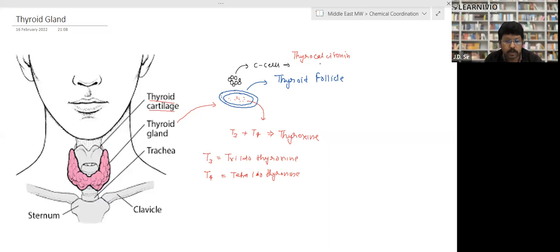Let me know when you note it down. This is very important. The thyroxine hormone, thyroid gland, and even parathyroid gland are important for your school examination.